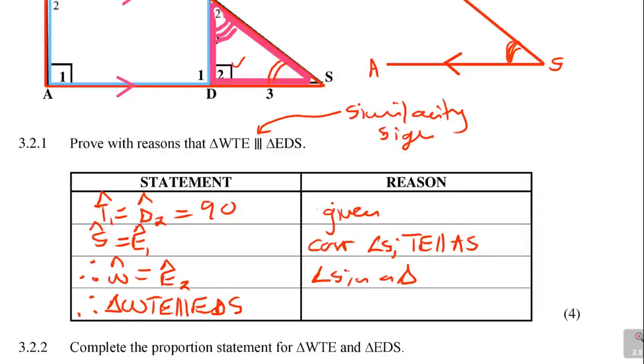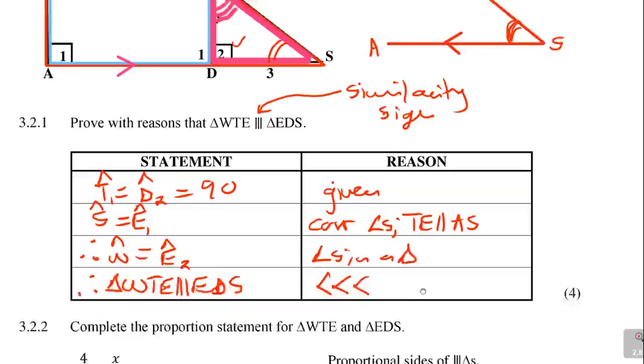What did we use? The first one was the angle, the second one was the angle, the third one was the angle. So it's angle, angle, angle. Remember, they can be side, angle, side. They can be side, angle, angle. But this is the reasoning. Angle, angle, angle. Then it means these sides are similar.